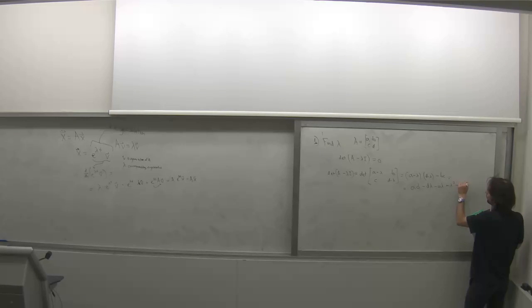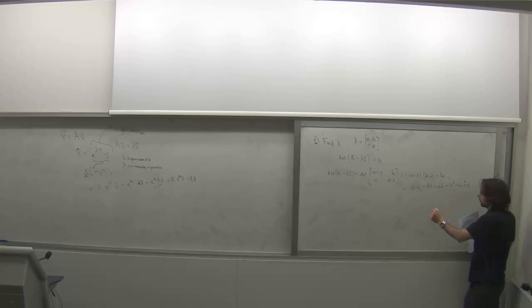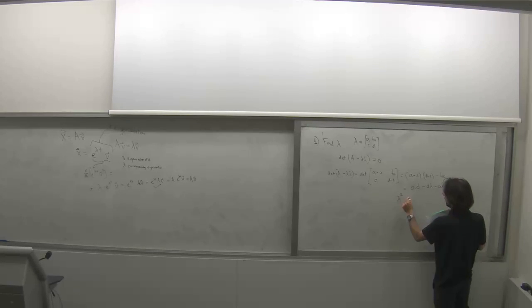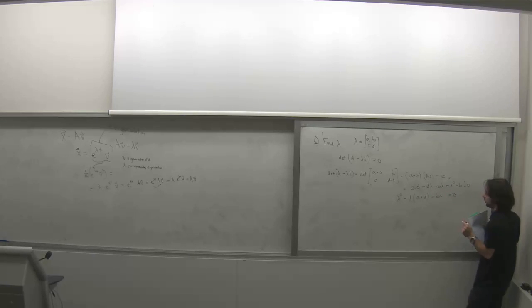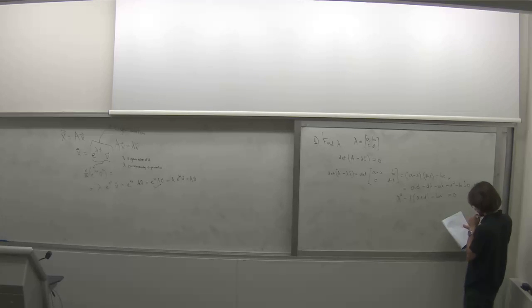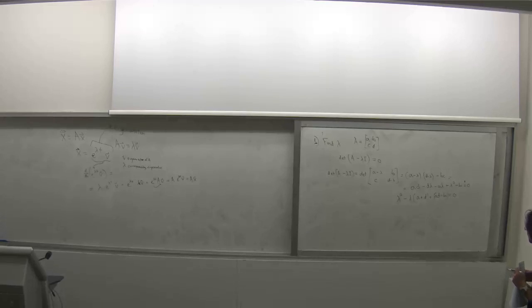And in the characteristic equation, this must equal 0. Now I separate the terms. I get lambda square minus lambda times (a plus d), plus ad minus bc, equals 0. So this is the quadratic equation that we need to solve in order to find lambda.